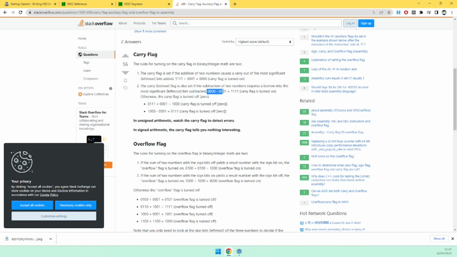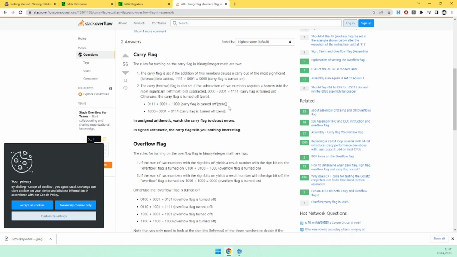So this case is not. Oh, actually it is, because this will be a plus 1110 and it will cause a 10111.